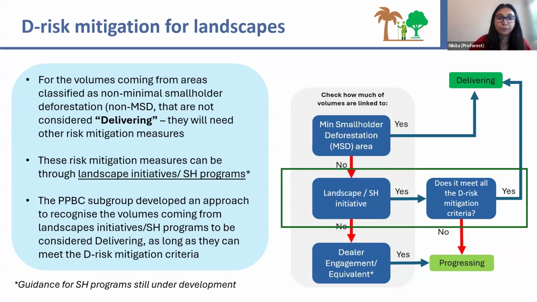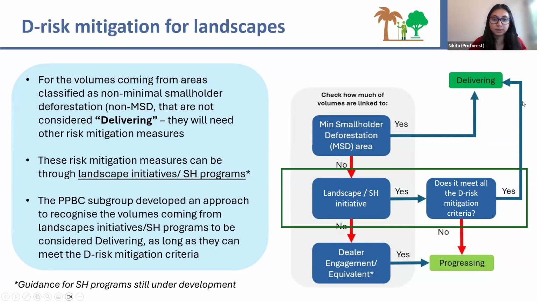For volumes coming from non-MSD areas and considered as not delivering, you can ask: are the volumes coming from a landscape or smallholder initiative? If yes, then we have another question: do those volumes meet all of the deforestation risk mitigation criteria? If you answer yes, the volumes go back to delivering. If you answer no, the volumes go to progressing.